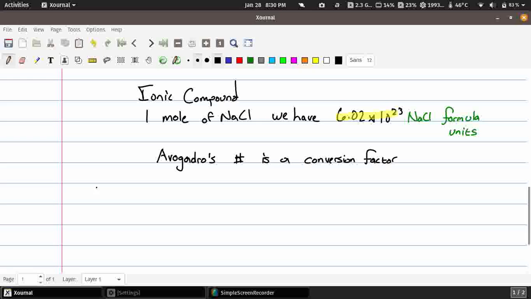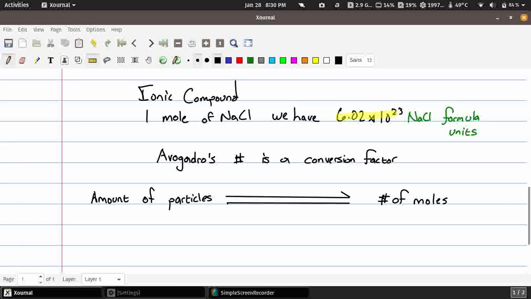So, on the left, write amount of, we'll just say particles. And then on the right, I want you to write moles. So, number of moles. And then you're going to draw in, this is called an equilibrium arrow, but just saying that traveling in 2 different directions.